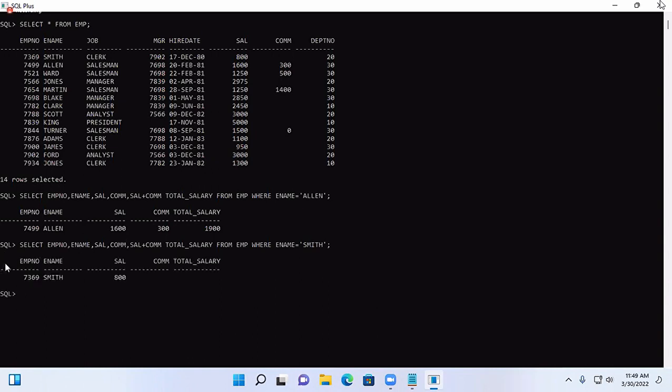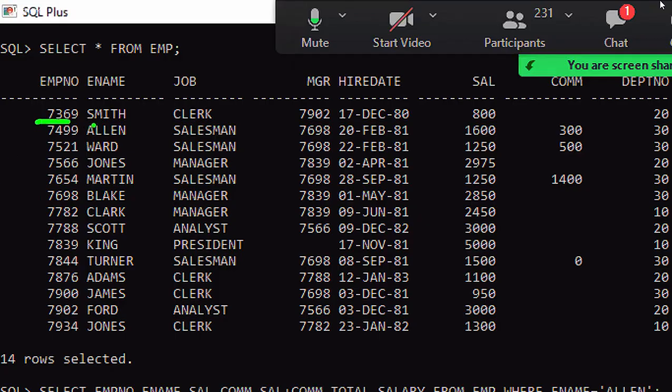So now see, guys, in this output, do you have any problem? What is that? Yes. Carefully observe. As per my table, number, name, salary, and commission, how much is it here? Null.